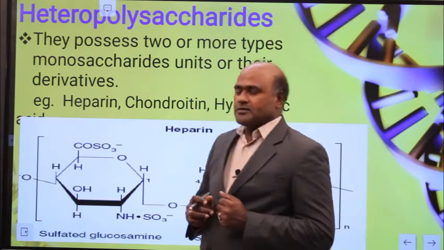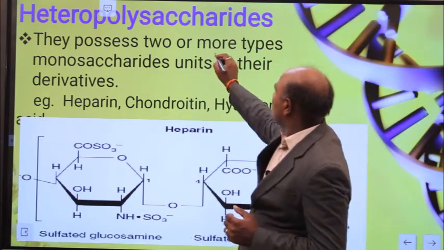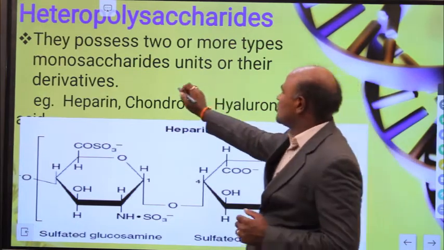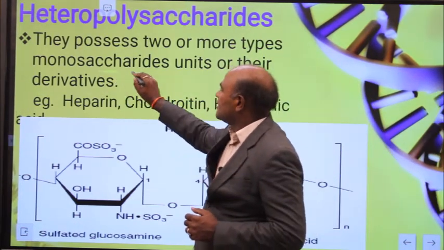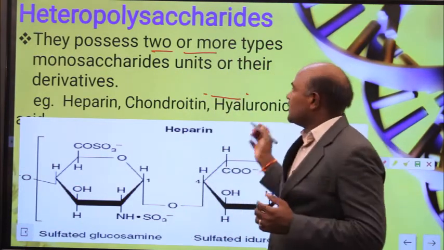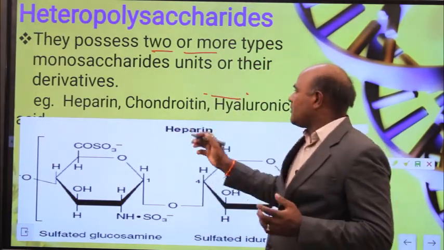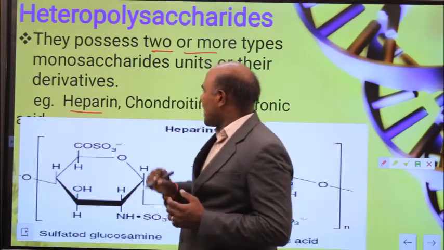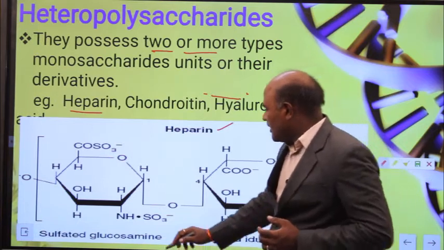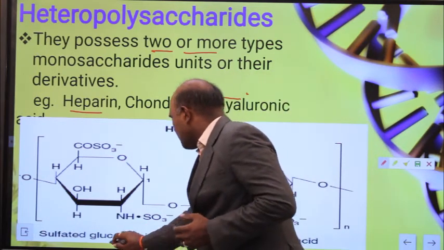Heteropolysaccharides possess two or more types of monosaccharides or their derivatives. For example, heparin. You can see the heparin structure here: sulfated glucosamine.